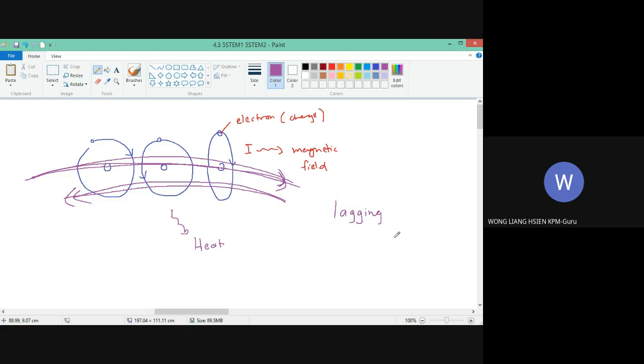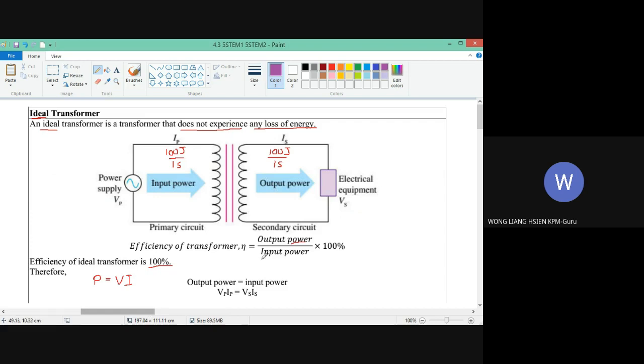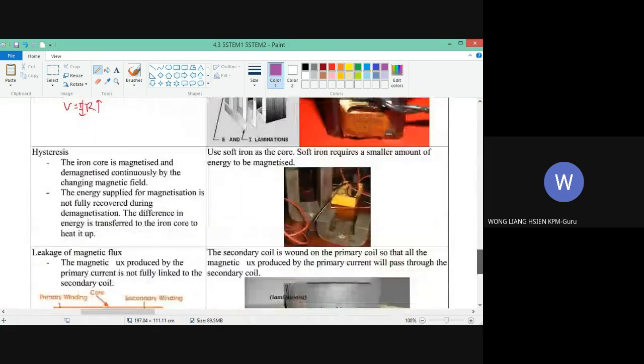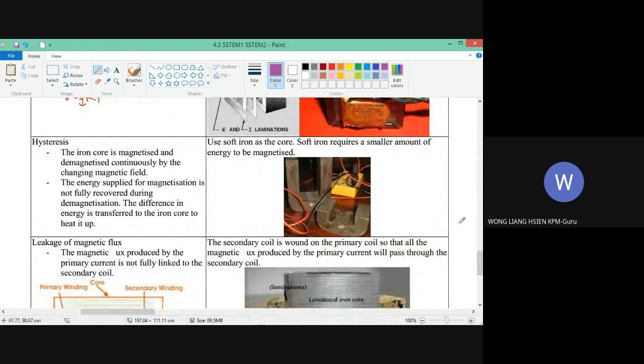The hysteresis actually refers to this lagging, but this lagging causes heat energy to be produced. It's a problem that makes the transformer inefficient, with loss of energy as heat. So how do we solve this problem?